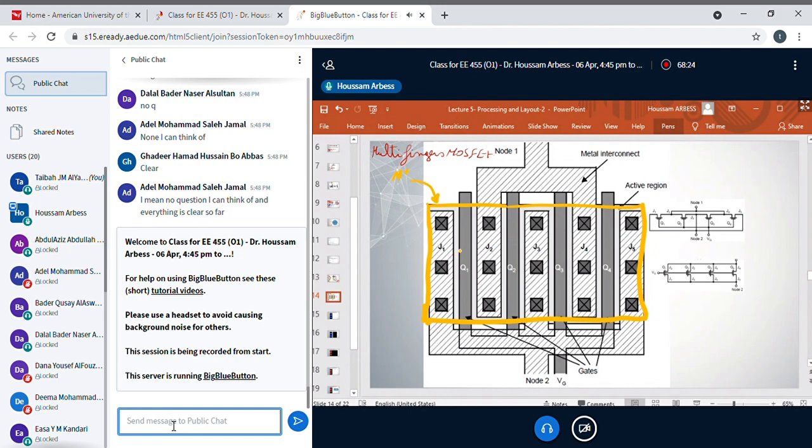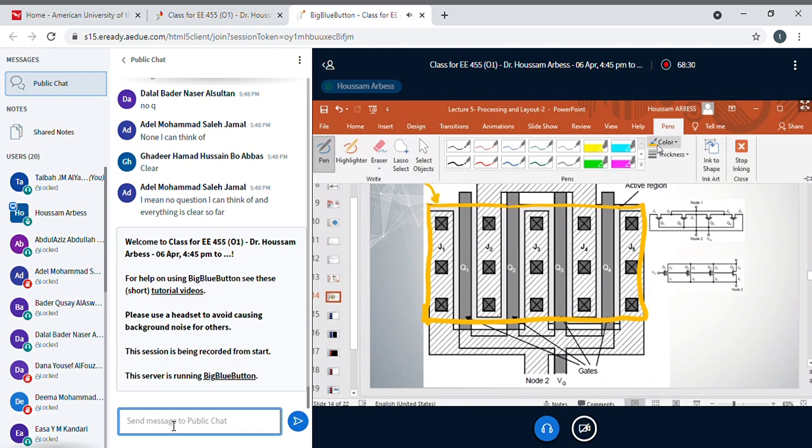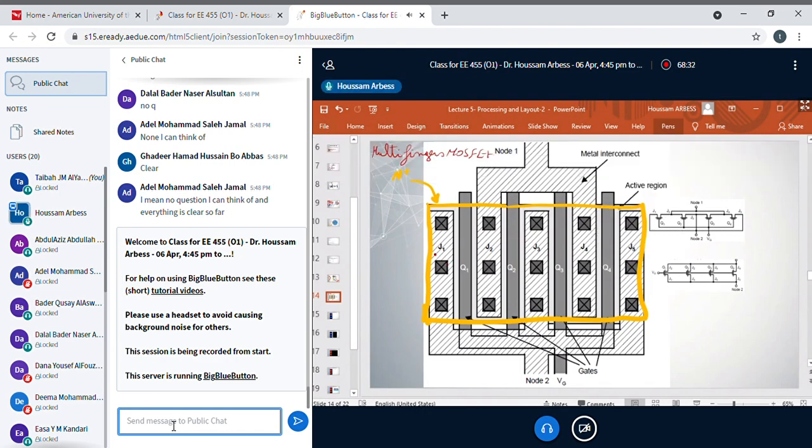Right. If I want to sketch the MOSFETs now, how do I sketch it? First, here I have a terminal, could be drain, could be source, I don't know. Then I have a gate. Then I have another terminal. Then a gate, another terminal, gate, another terminal, then gate, then another terminal. If you follow the metal here, you can see that all the polysilicons are connected together here, right?